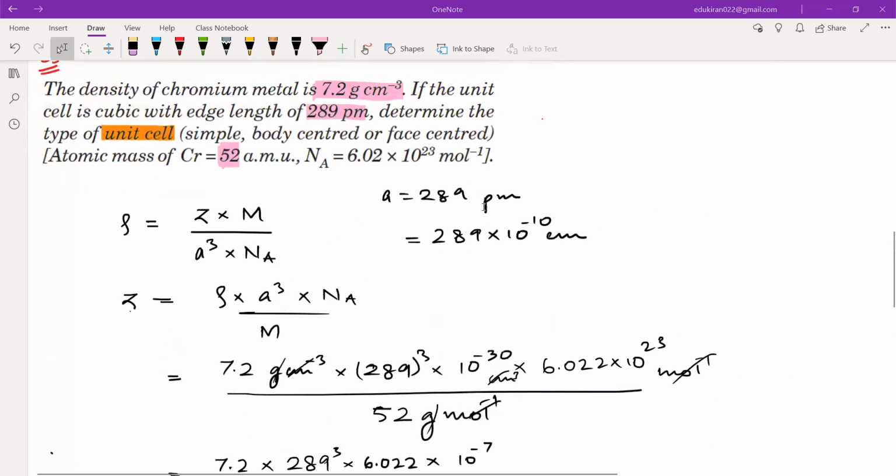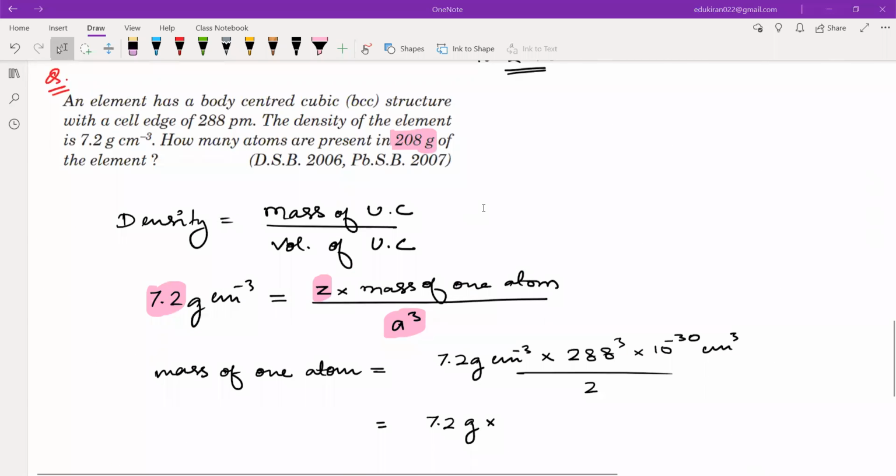Correct, correct, correct, Maimuna. Correct, correct, correct, Mazia.